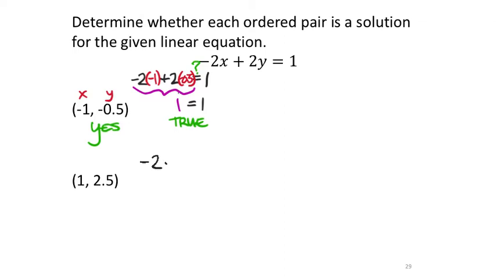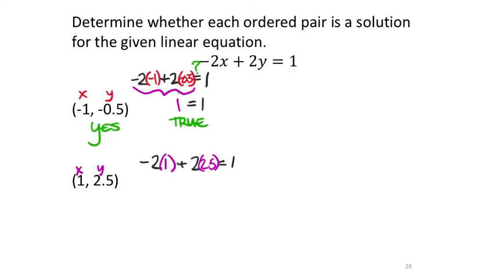So next one, same equation by the way, -2x plus 2y equals 1. But now the x value is +1, and then the y value, which again is just shown in the ordered pair, is 2.5. My instincts tell me no, but let's just make sure with the calculator.